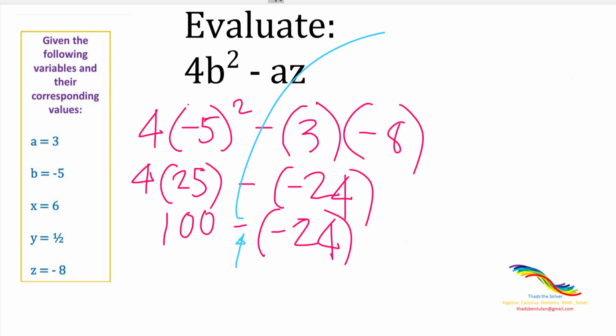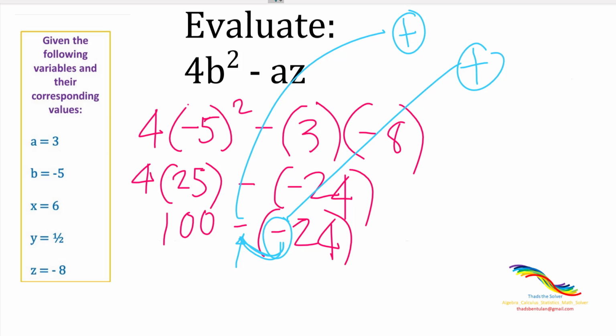You change the operation from subtraction to addition, and then change the sign of the number following. If it was negative, you change it to positive; if it was positive, you change it to negative.